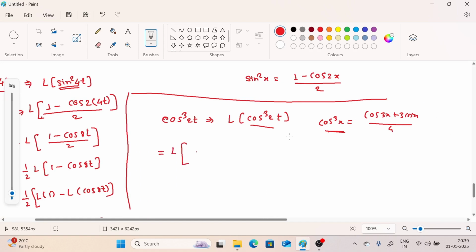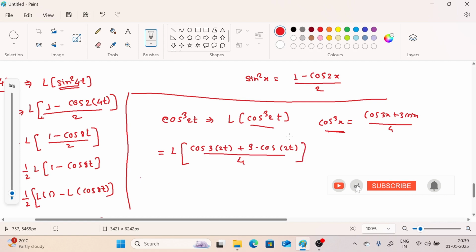Laplace of (cos 3x plus 3 cos x) upon 4, where x is 2t, so Laplace of (cos 6t plus 3 cos 2t) upon 4.